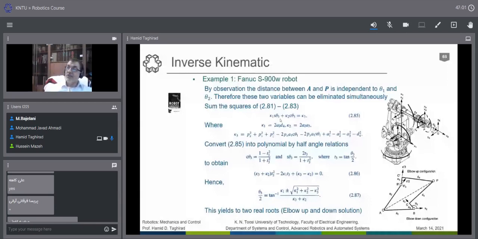For theta 3, we can use a half tangent to give a variable t3 or u3, and equate this to a second order equation in terms of t3, and theta 3 can be found very easily. Two solutions of that can be found very easily by this equation.